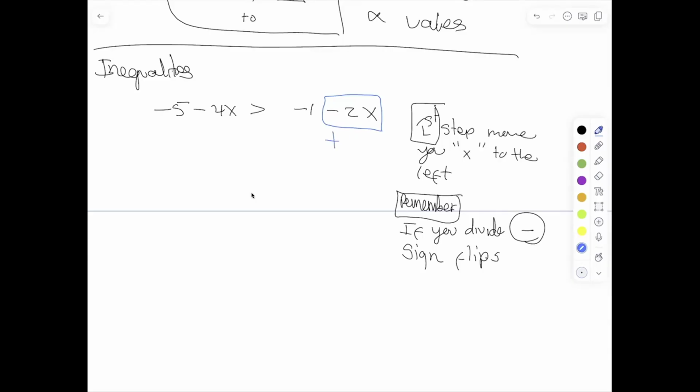I gotta add 2x because that's gonna cancel that. And then I'm gonna add 2x here. And now I'm gonna have what? -5, -2x is greater than -1. Correct? So now, what do I have to do to have the x by itself on the left? Because now there's a -5 on the left. What do I have to do? Add 5 to both sides. That's it.